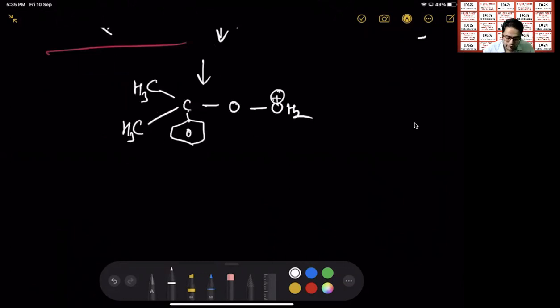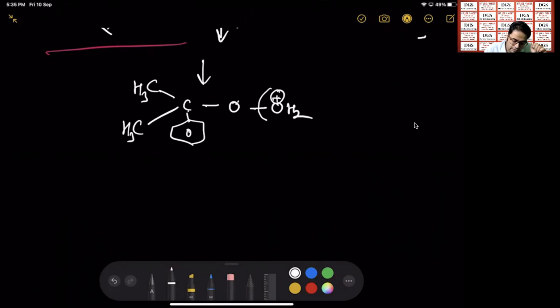After forming this OH2 plus, oxygen can break this bond, and the plus can be taken up by this oxygen. Here, things start becoming interesting.